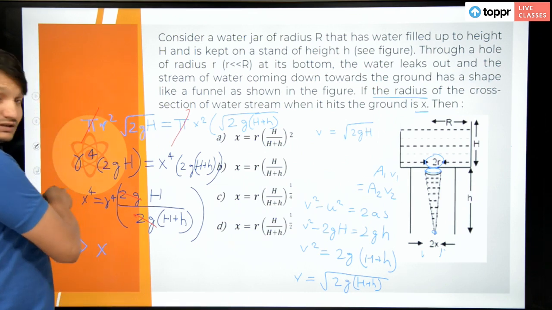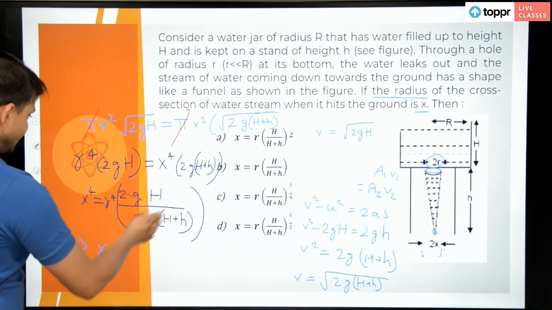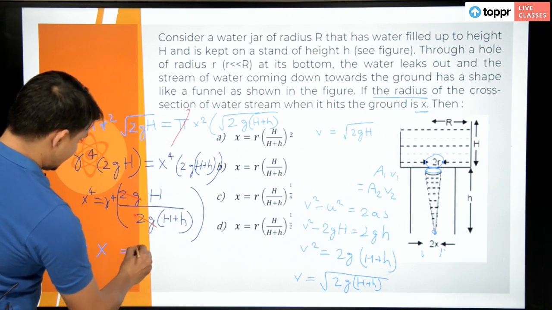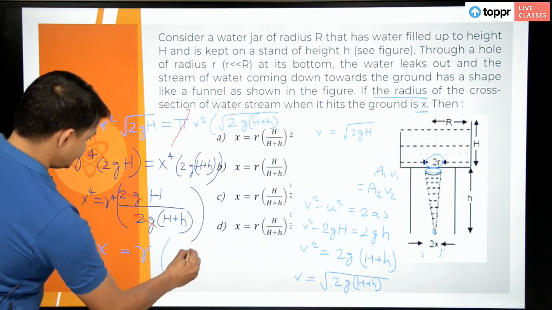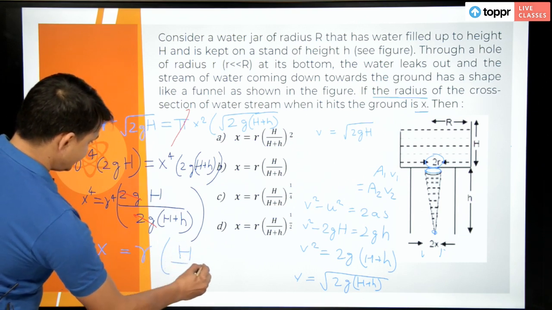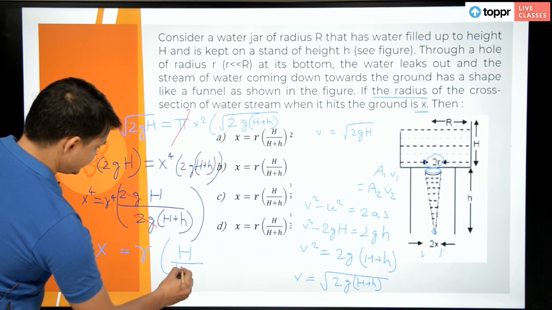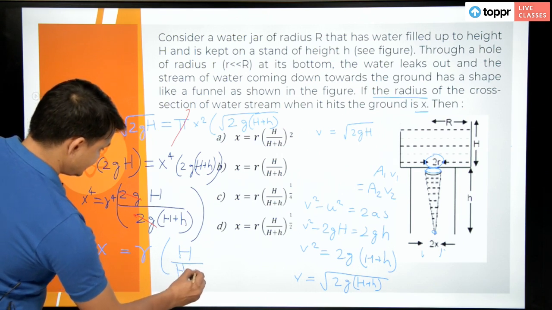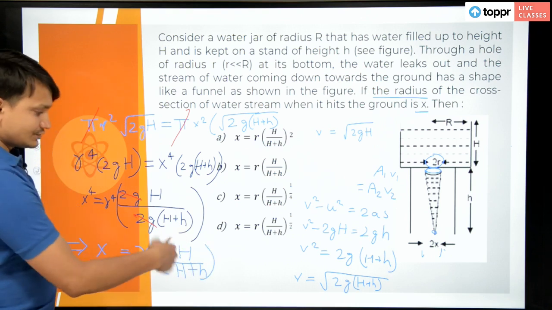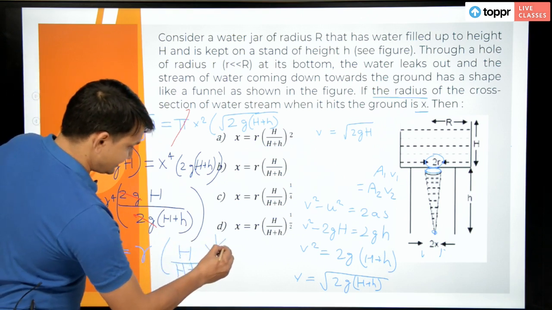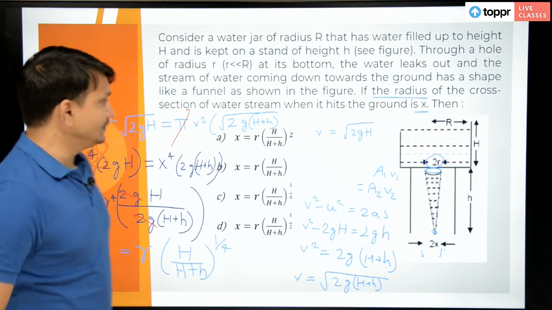The fourth root on the left gives x, and on the right we get r times the fourth root of H divided by H plus small h. So we can simply write it to the power 1 by 4.